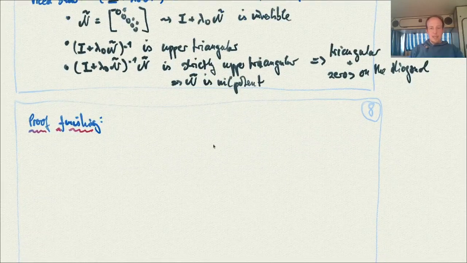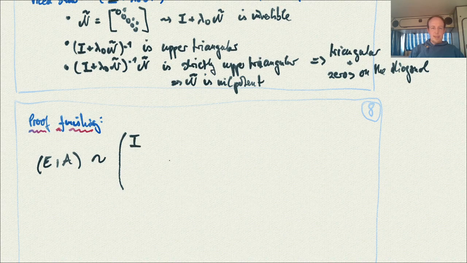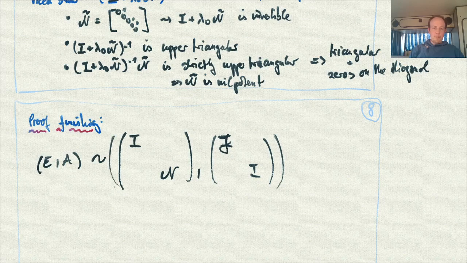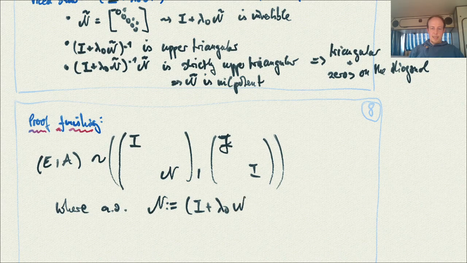But then let's collect all this, and this in particular means that e to the A is similar to identity and J matrix, identity, where among others this N is defined as I plus lambda 0 N tilde to the minus 1 N tilde.